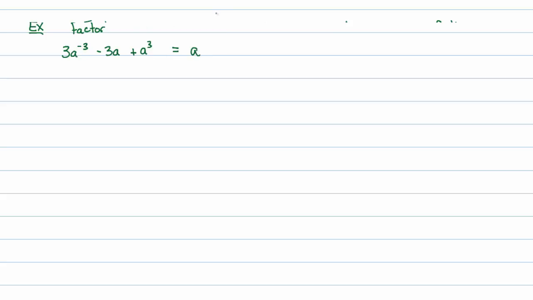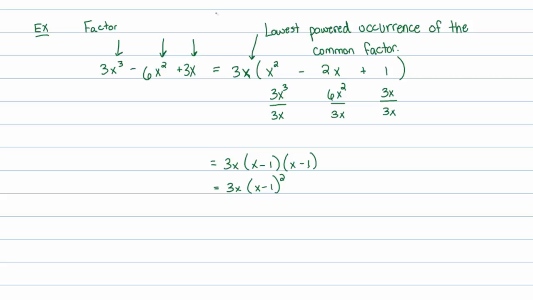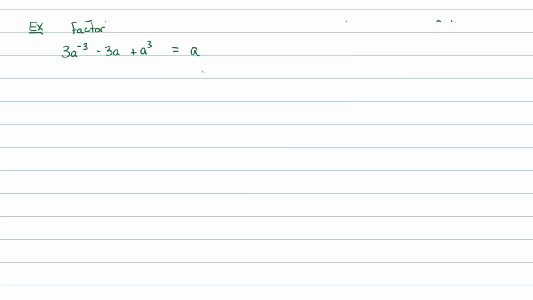Just like in this previous example, I said, what's the lowest powered occurrence of x? The factor x here, and it was x to the first, so we factored that out. In this example, the lowest powered occurrence is not 1, it's not 3, actually negative 3 is lower than each of those, so negative 3. A to the negative 3 is what we're going to factor out.